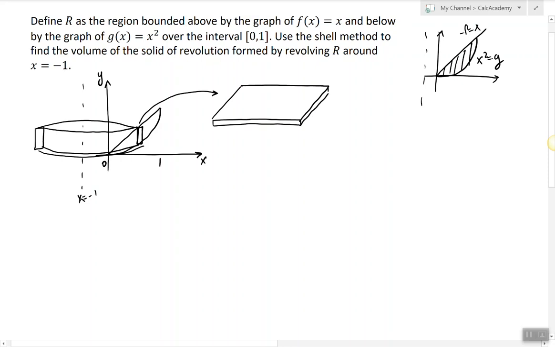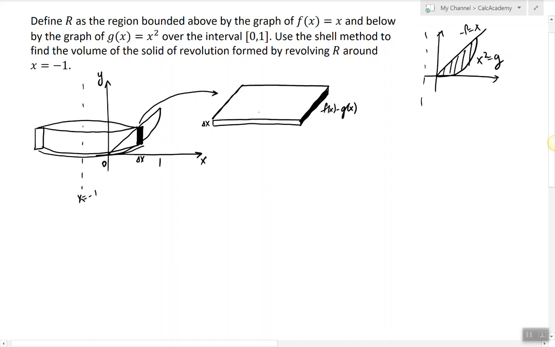And the volume of each of the shell will be equal to the height of this rectangle, which is delta x, times the width of this rectangle, which is the height of this box. So the width of the rectangle will be the difference between f of x and g of x. And so this is this shaded region.